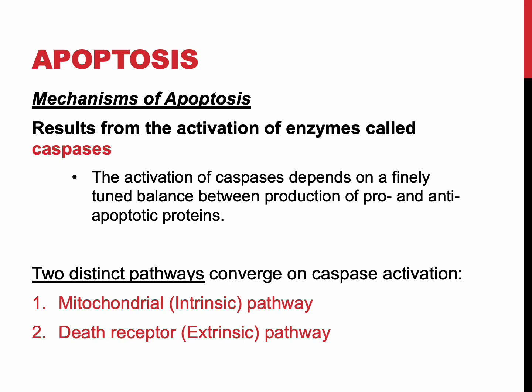When we talk about mechanisms of apoptosis, overall what occurs is that we have an activation of an enzyme called caspases. And the way caspases can be activated is via two pathways. There's an intrinsic mitochondrial pathway, and there's also an extrinsic death receptor pathway.